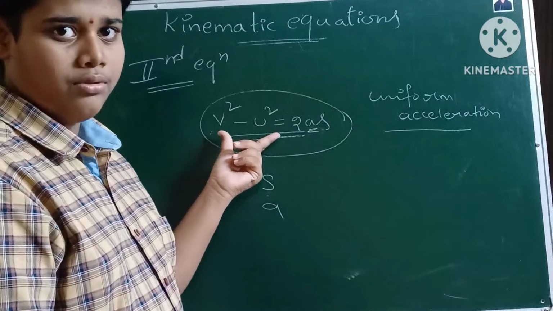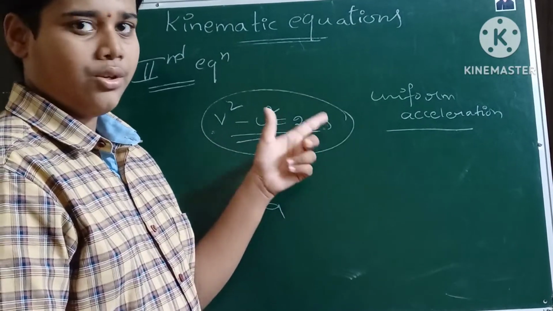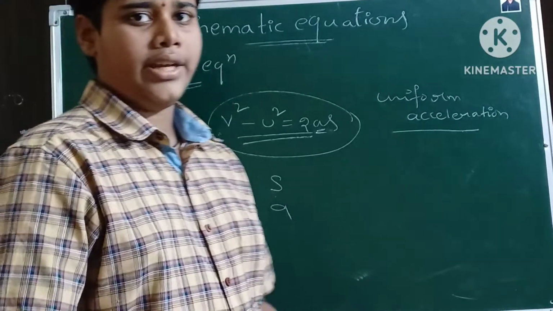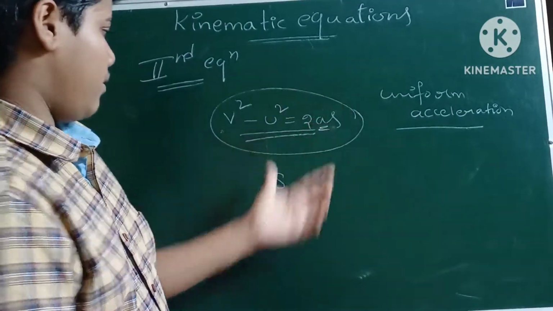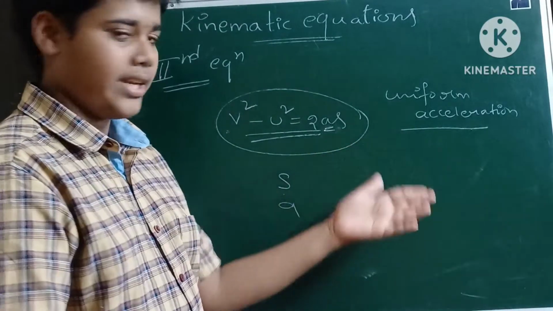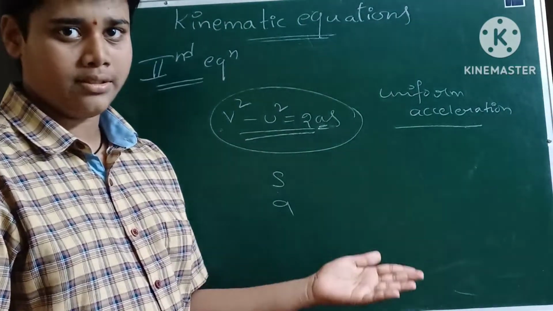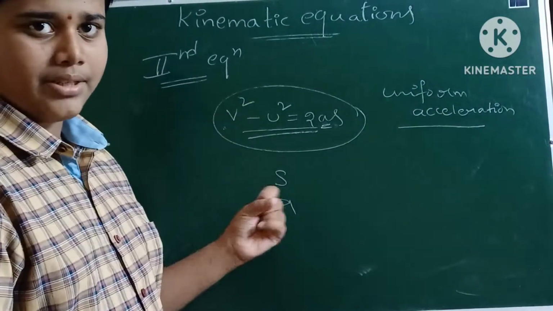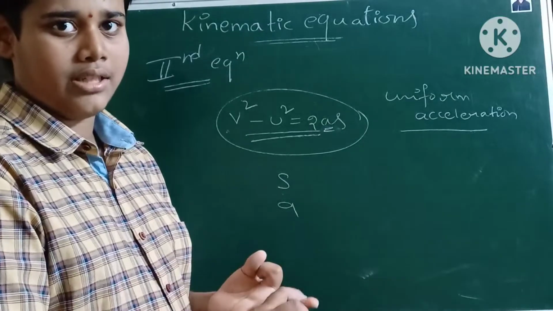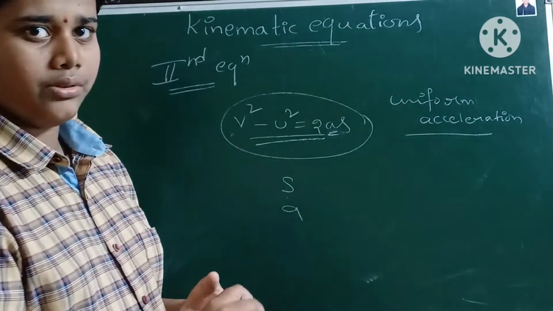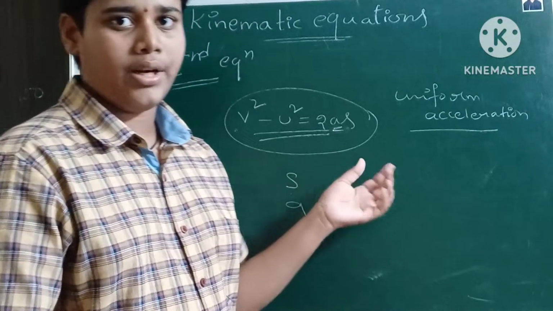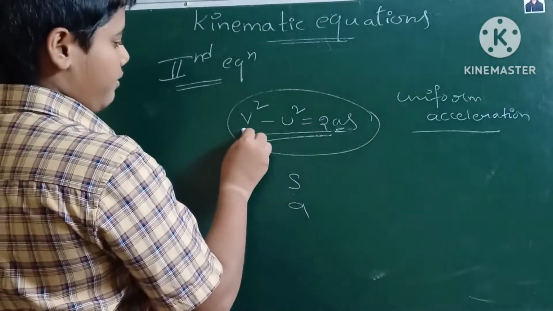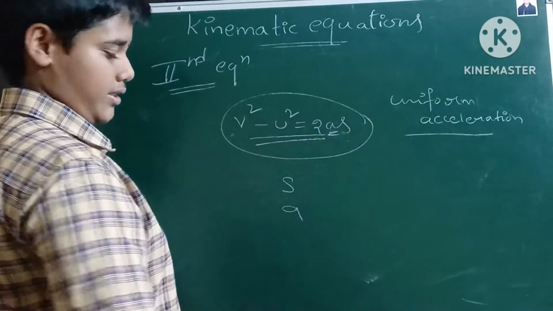When they give these, we can find distance also. We should not worry about how the formula is derived. It is a lengthy process. We have to learn the first equation, second equation, third equation and fourth equation. Equations are more important than derivation. So the second equation is V square minus U square is equal to 2AS.